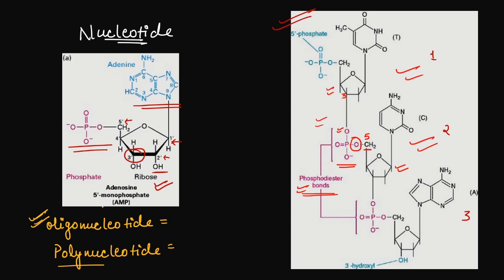In case of oligonucleotide, nucleotide units can be maximum 15 nucleotide units. So the polymer containing up to 15 nucleotide units is known as oligonucleotide, and in case of polynucleotide, more than 50, up to any number of nucleotide units can be included in a polynucleotide.